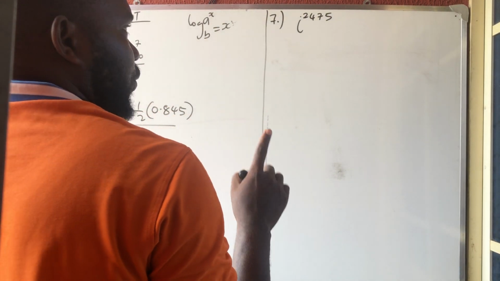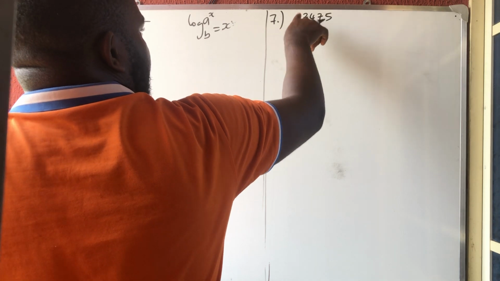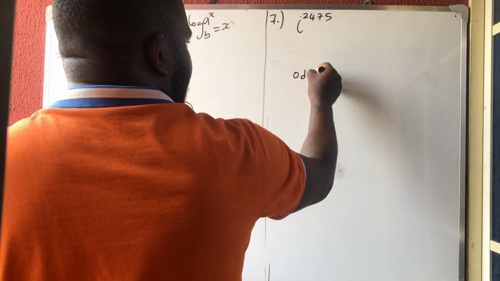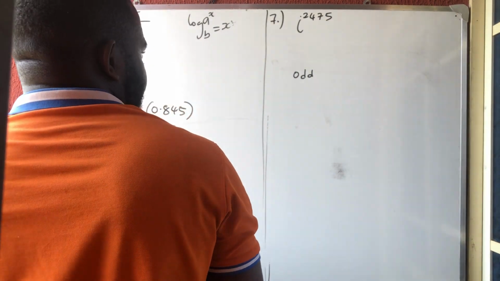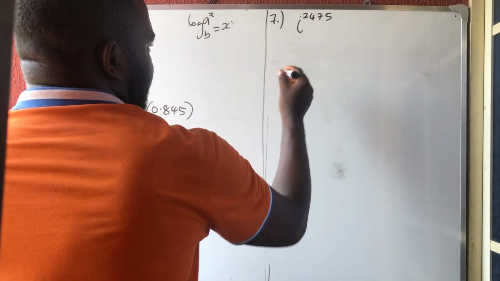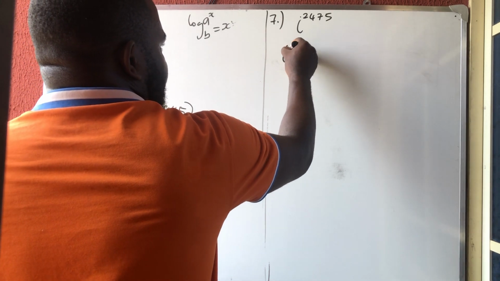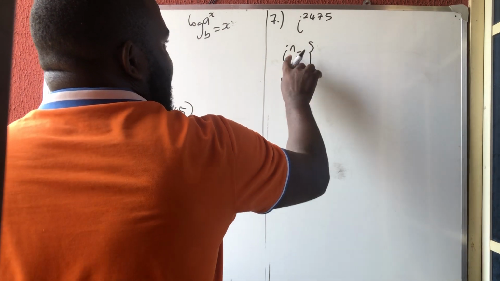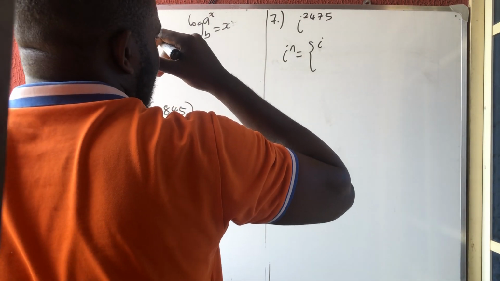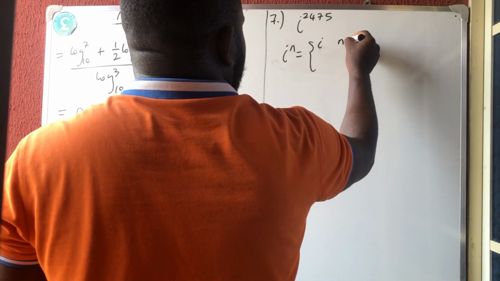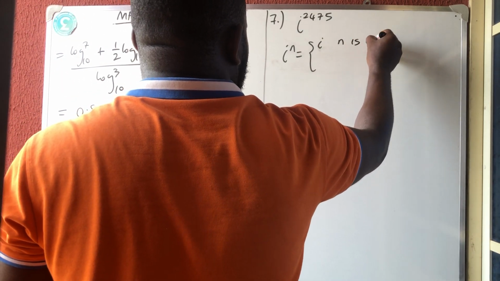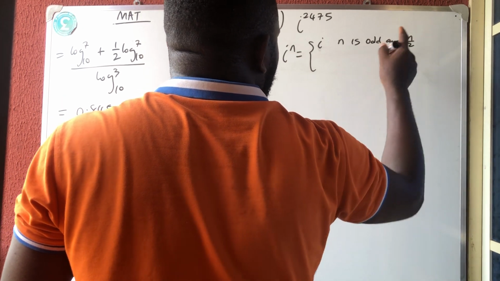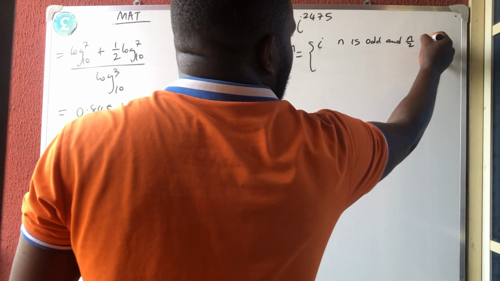first of all, if the power is an odd number or even number. If n, i raised to power n, gives you i if n is odd and the whole number part of n divided by 2 is even.